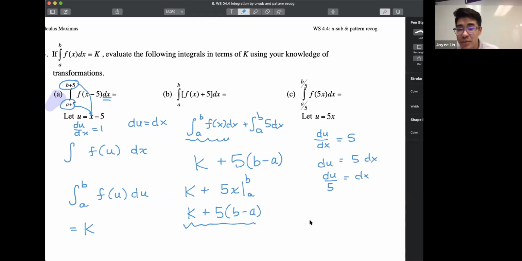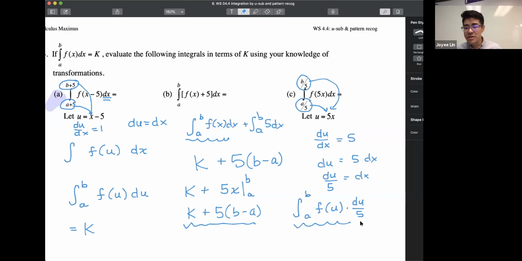So if we go ahead and plug in everything for our u substitution, we have f of u, and dx is equal to du over 5. And then let's plug our bounds into our x's to see what the new bounds are. And magically, b over 5 times 5 is still b, and the same for a. So what's the only difference here? We have this 1/5. So our answer for part C is 1/5 times k.